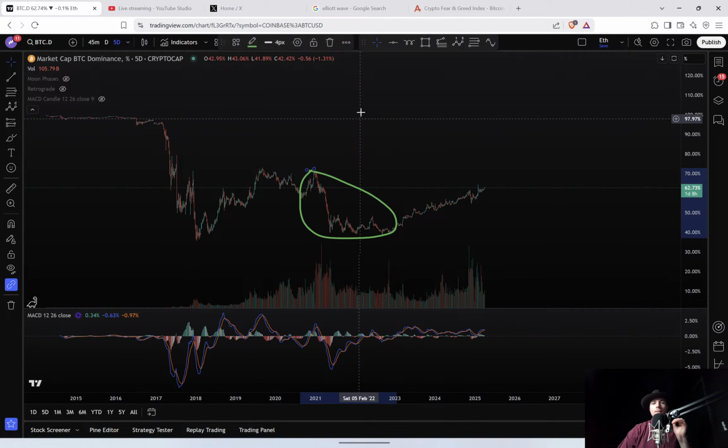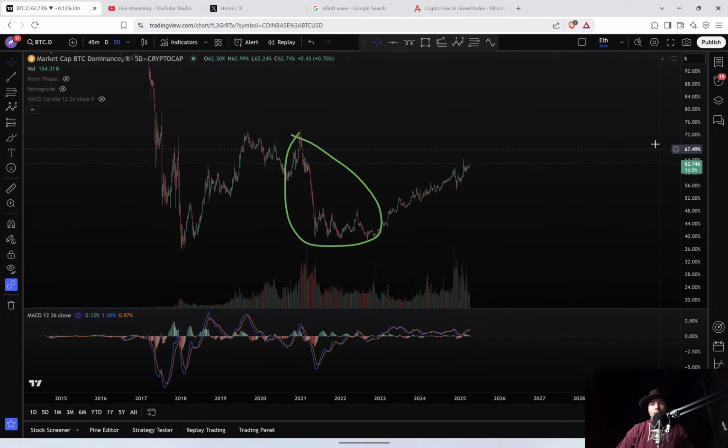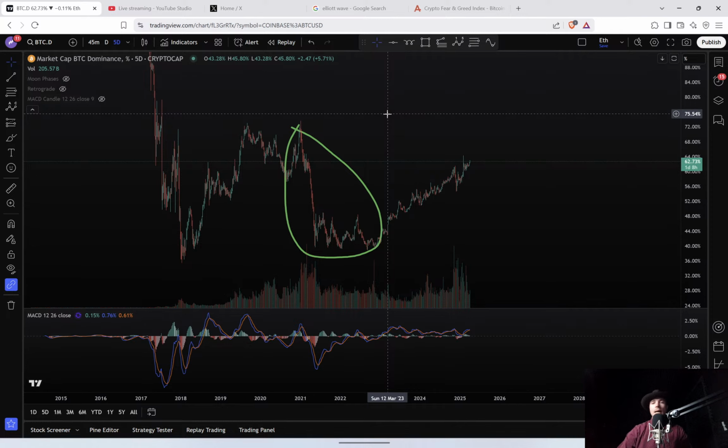So why is this important? Well, basically what it means is that when Bitcoin dominance tops out, altcoins start to go nuts. And every single bull market ever, this is what happens.